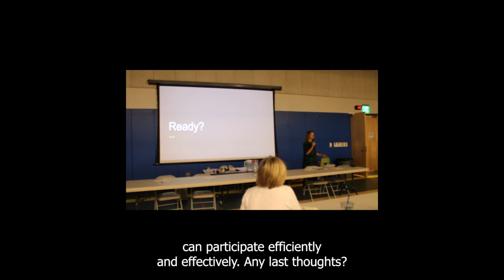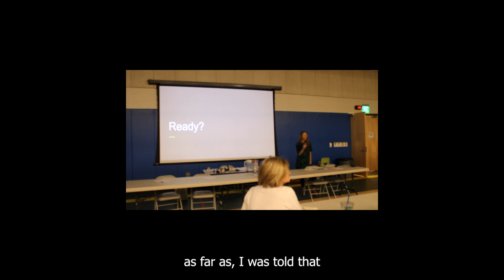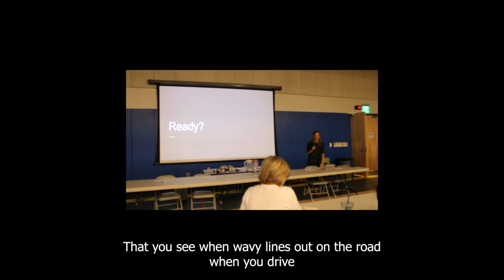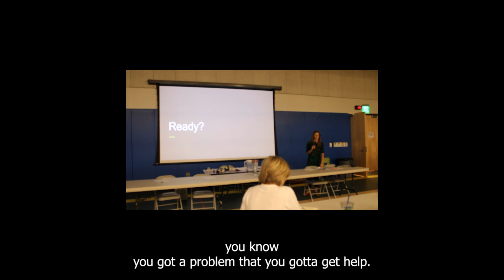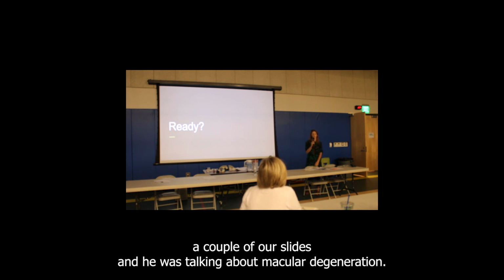Any last thoughts? One more. I was told that if you see wavy lines out on the road when you're driving, then you know you've got a problem and you have to get help. For degeneration. Yes, and that is a condition you will see on a couple of our slides.